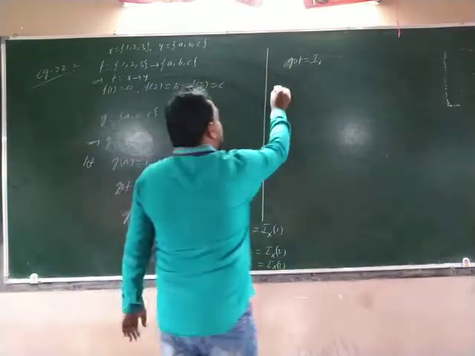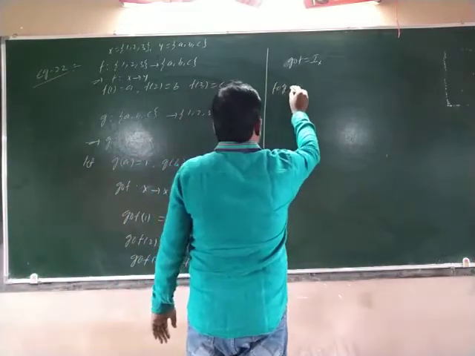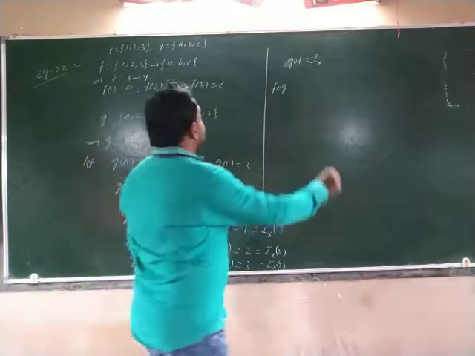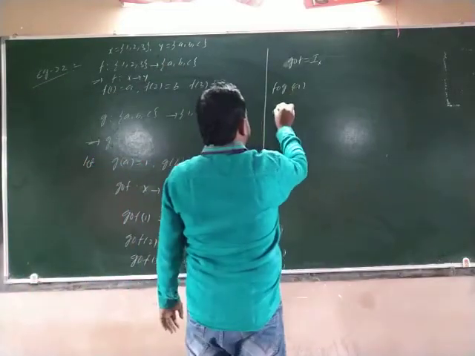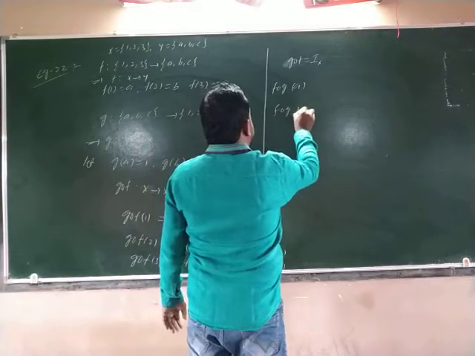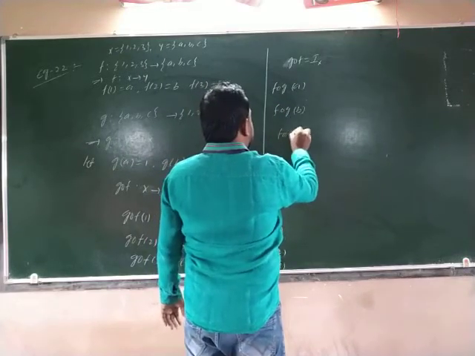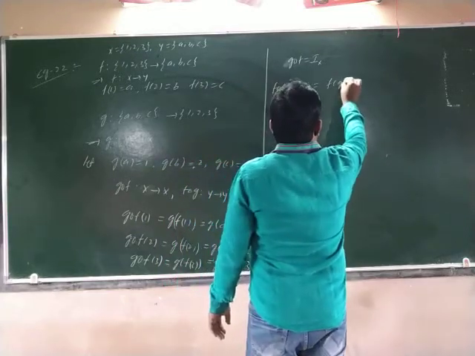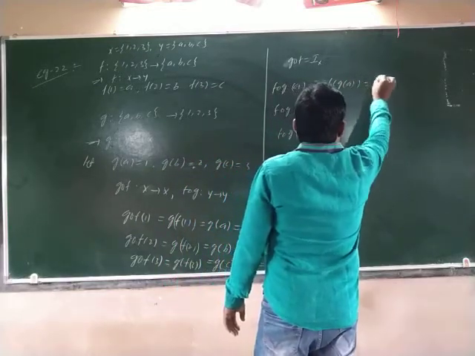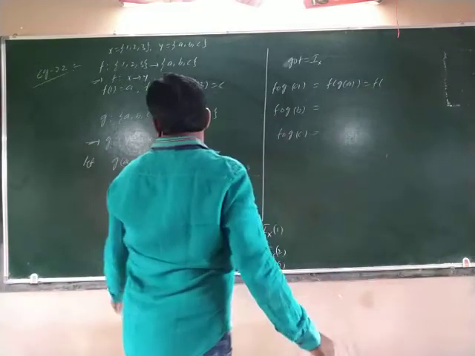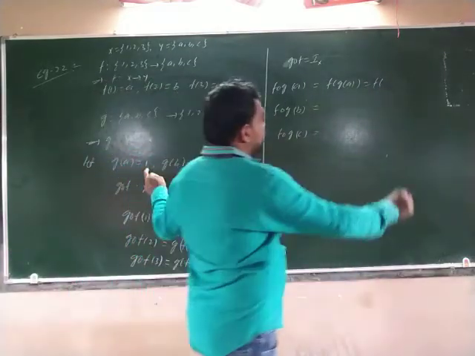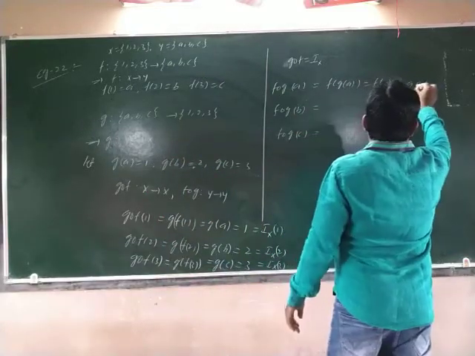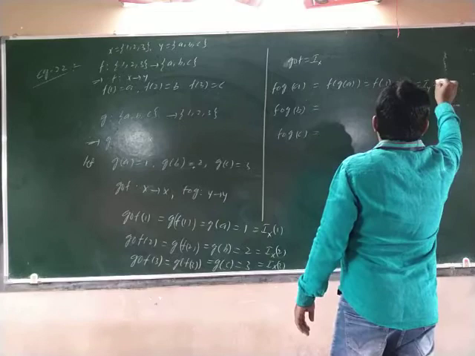Next, f circle g. Where to where? y to y, so we take the elements of y. That means f circle g of a, f circle g of b, f circle g of c. These elements we are finding. First, f of g of a. g of a is 1, and f of 1 is a, nothing but iy of a.